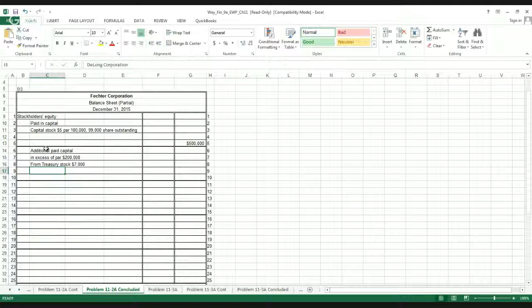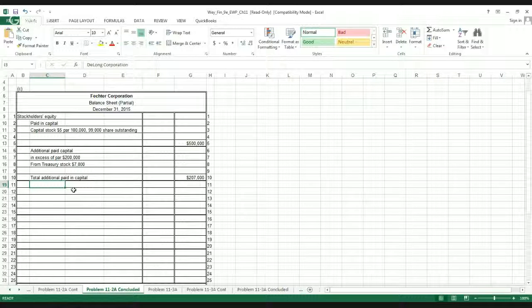And so our total additional paid in capital is 207,000, right? So we've got the paid-in capital here, and total additional paid-in capital.